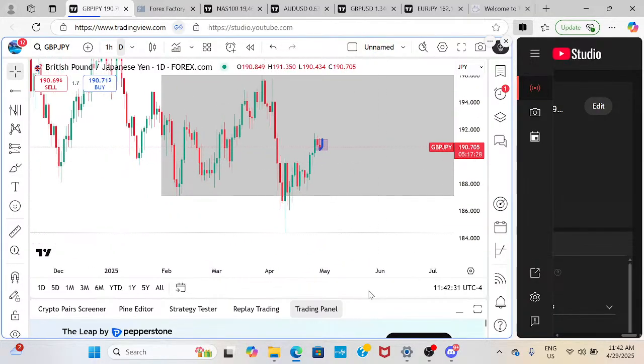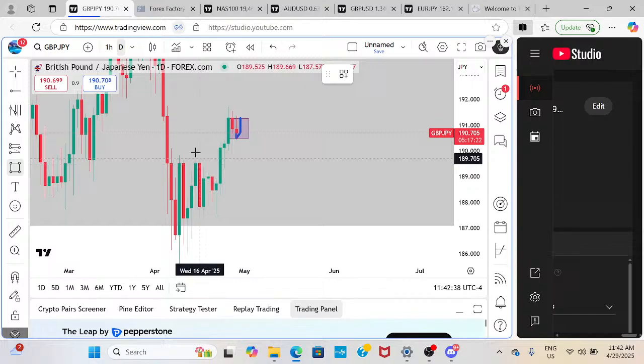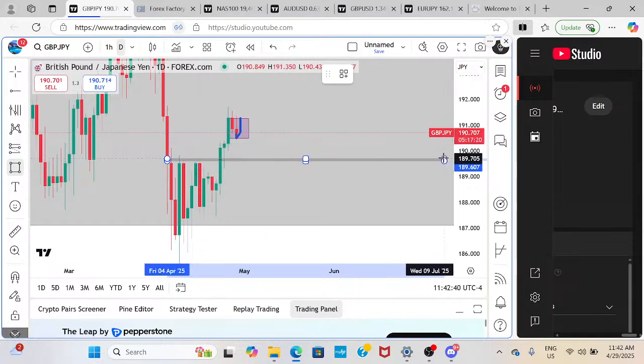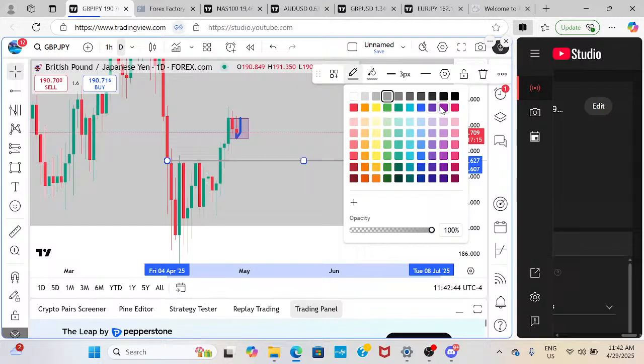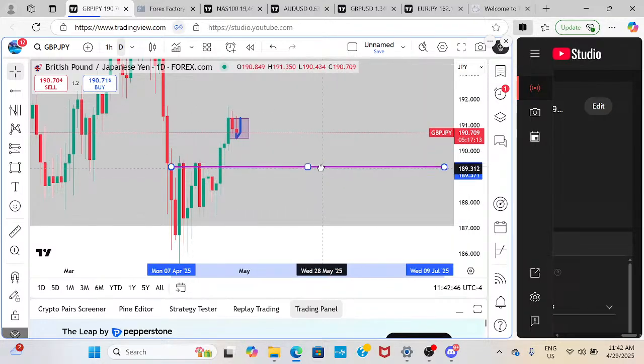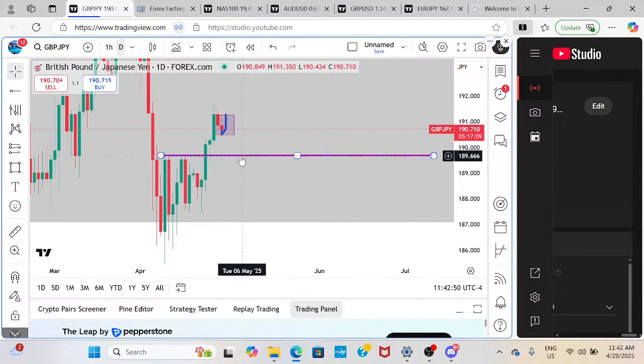Now what we are seeing is that we have this high over here that the price just broke. I'm going to just mark this here for you guys. We just broke above that high, so this is going to be a good area for a possible buy. 189.74 is going to be a good area for a possible buy.